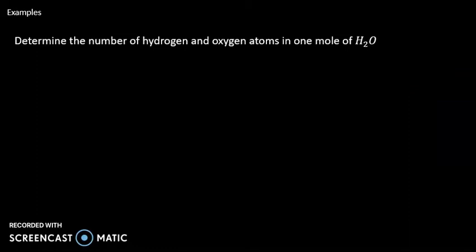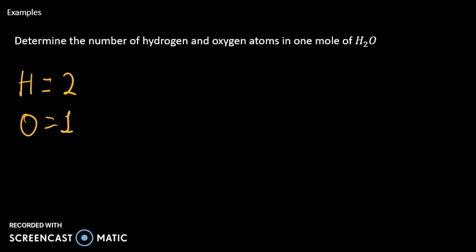We have examples. Our first example is: determine the number of hydrogen and oxygen atoms in one mole of H2O. In order to do this, first we need to know how many hydrogen atoms are in the water and how many oxygen atoms are in the water. For hydrogen, we have 2 hydrogen atoms, and for oxygen we have just 1.